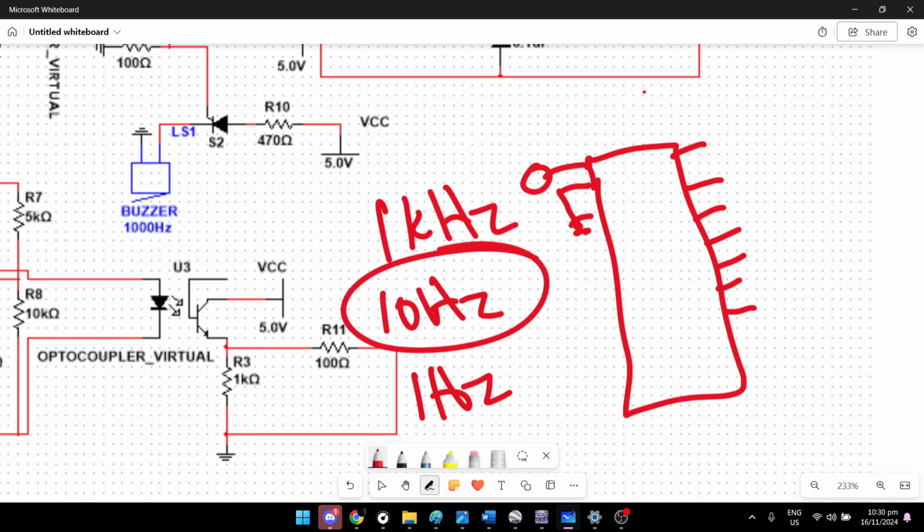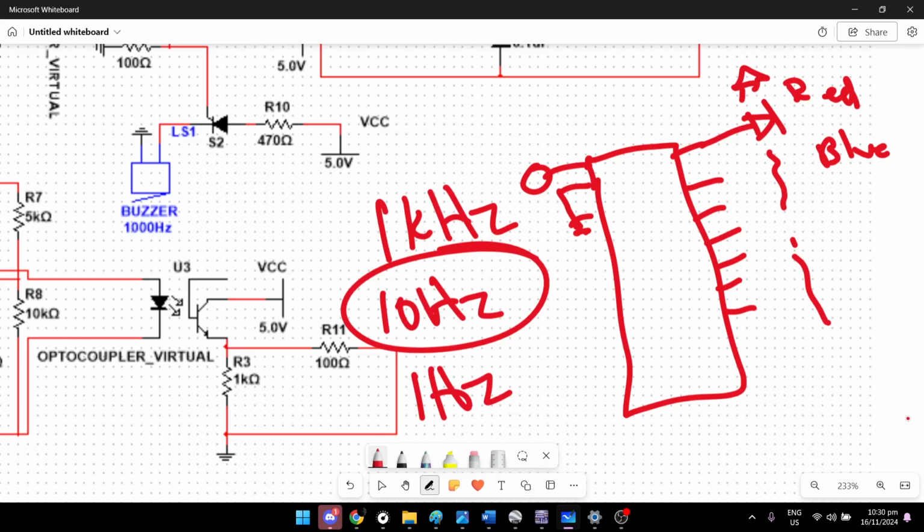So for example, we are using 10 hertz, then here we have an LED. Let's just assume that all of these are LEDs. So we can see visually that the frequency increases. For example, this is red, this is blue, and alternating.